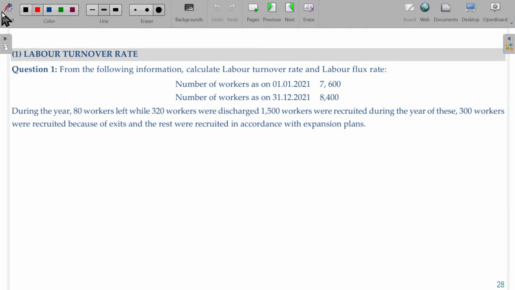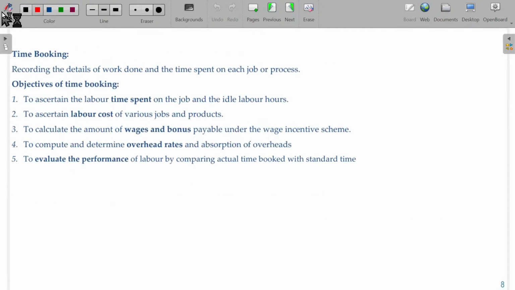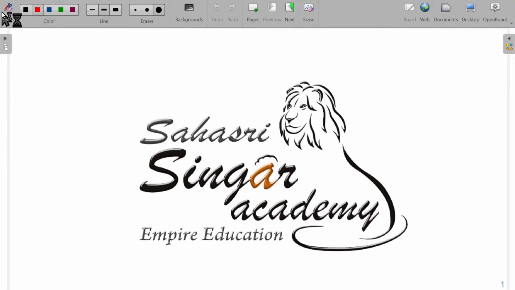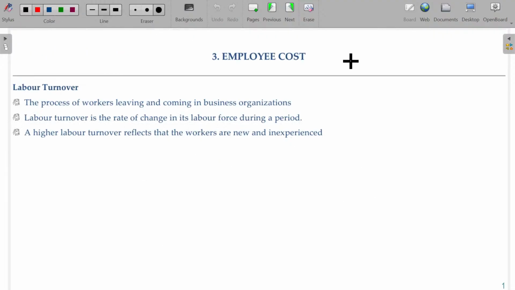Predominantly, it is covered under CAS number 7, Cost Accounting Standards 7. This reference is needed for CMA, not for the CA. This is not required for the CA.